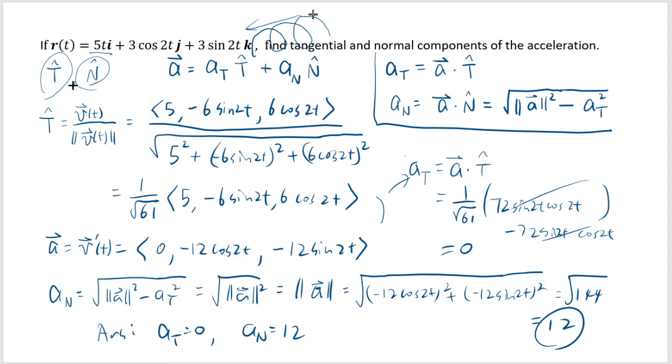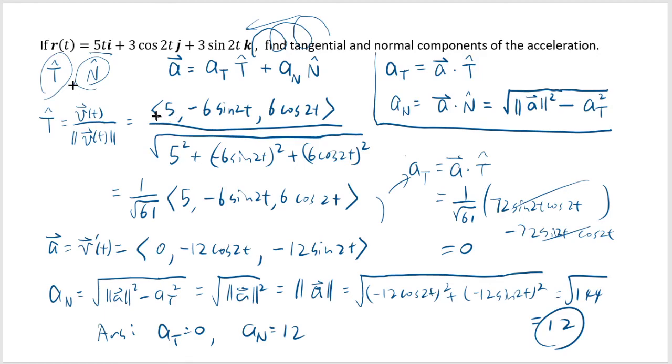So as this is going, the only kind of acceleration that you have is the one that's trying to preserve this rotation. Another thing is, if you look at the speed of this, it has a constant speed.